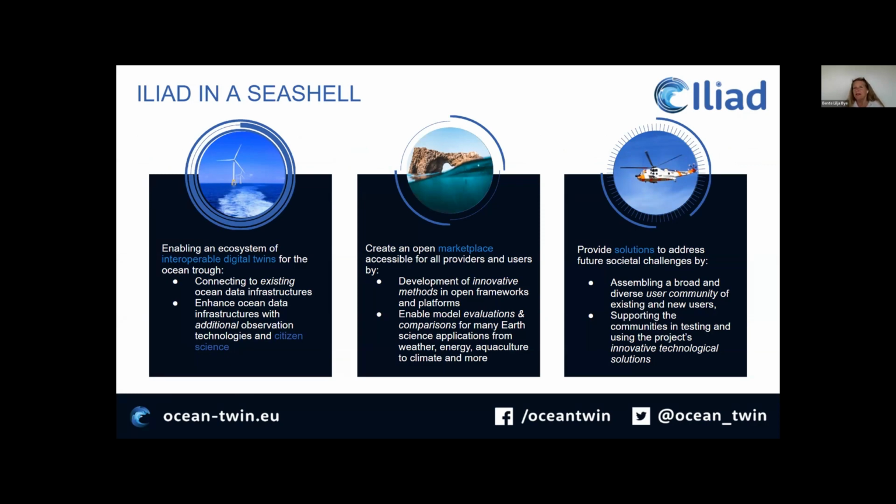To make this accessible for multiple users, we are creating a marketplace. And we are developing innovative methods and frameworks for this. We can also do evaluation and comparison via this marketplace. And last but not least, we are providing actual solutions to some of the challenges that we are facing related to the ocean. Those are the three pillars in the Iliad Digital Twins of the ocean.